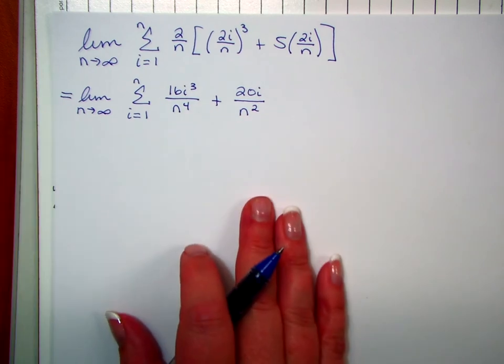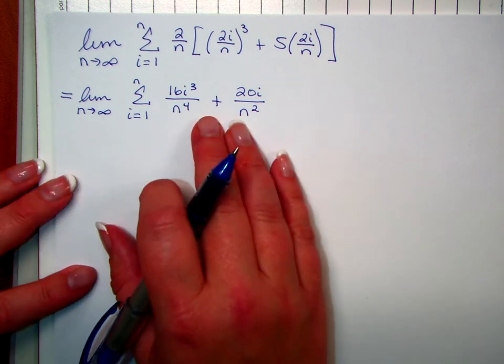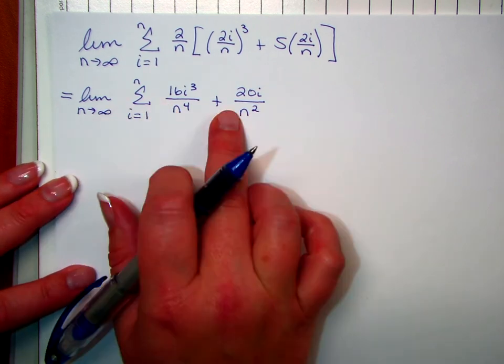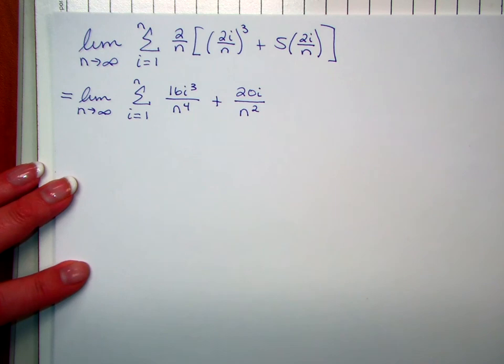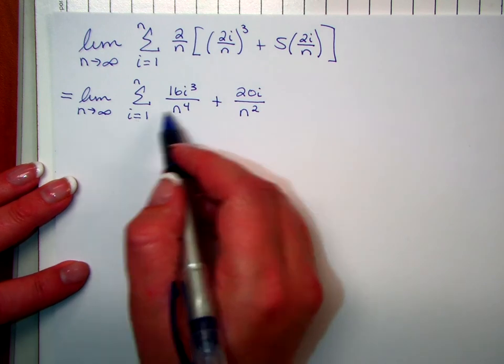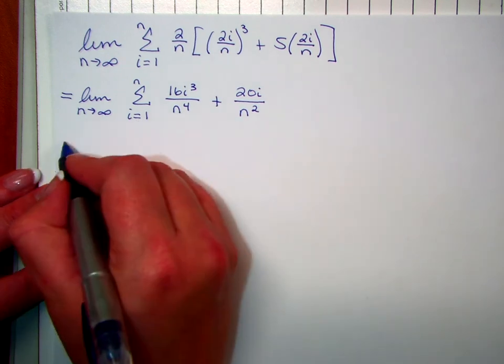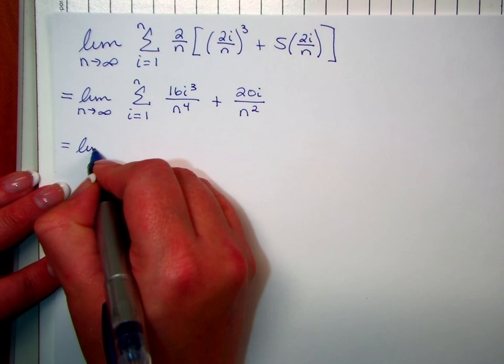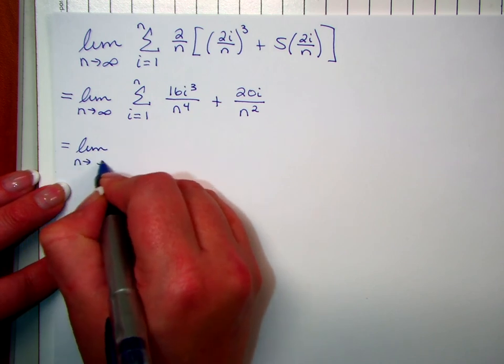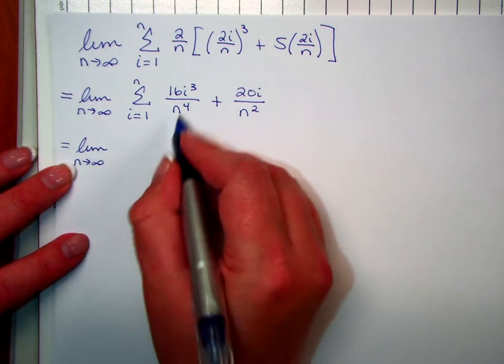Okay? So here's where we're going to separate the constants, and we're going to separate the sum. I'm going to do the sum of each term and get the i by itself, because if we're summing i, everything else is a constant. So we're going to get the limit as n goes to infinity.